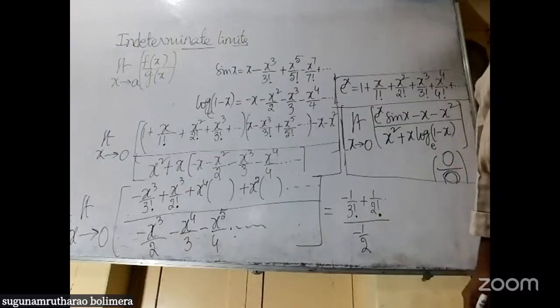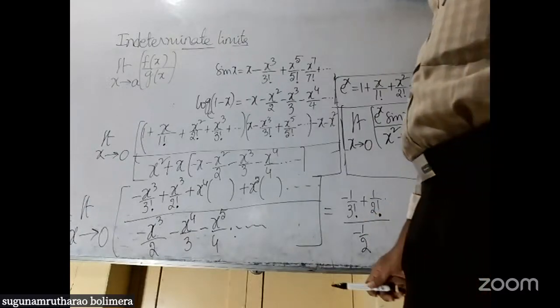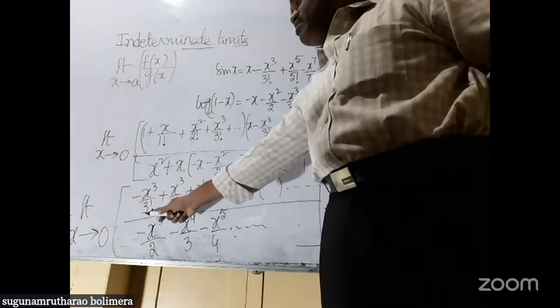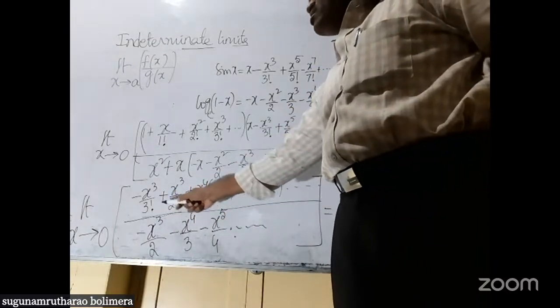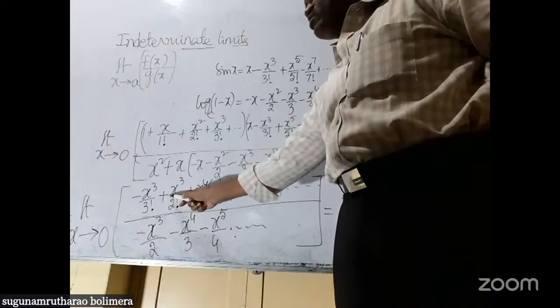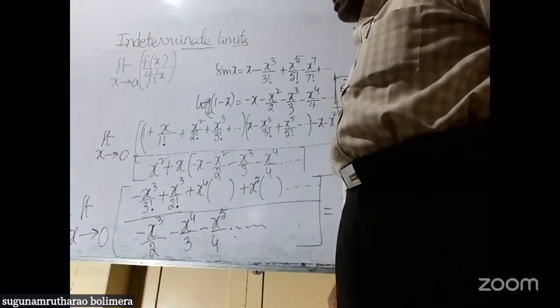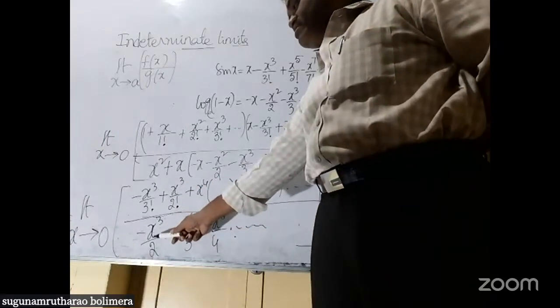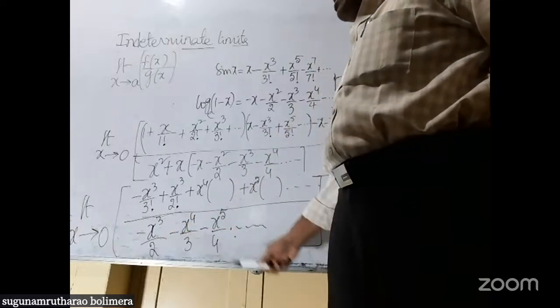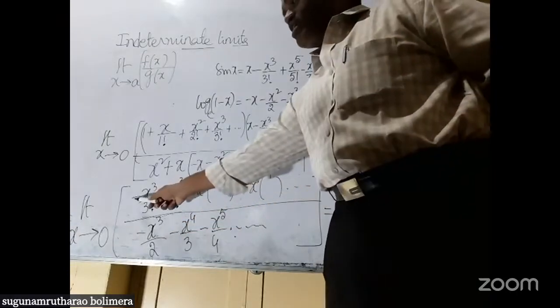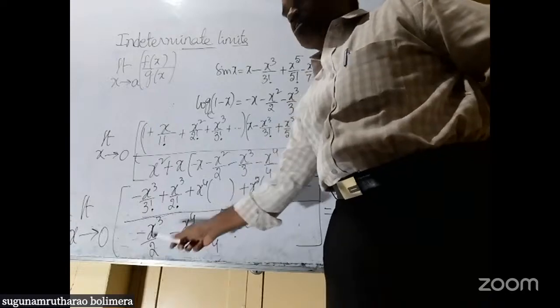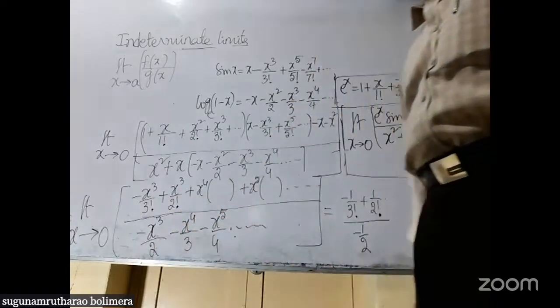See, observe it carefully. X cube is taken common among these terms, so 1 minus 1 by 3 factorial plus 1 by 2 factorial. Here x cube taken common, minus 1 by 2. After taking x cube common in the numerator and denominator, both x cube gets cancelled.